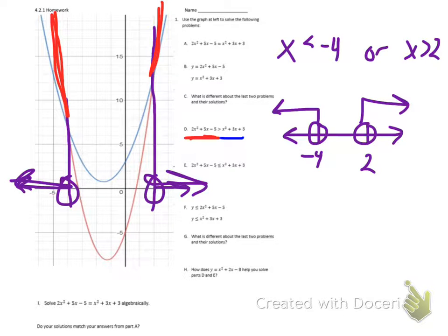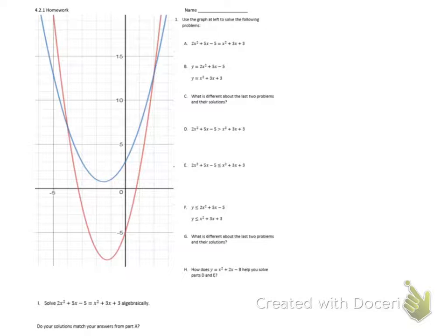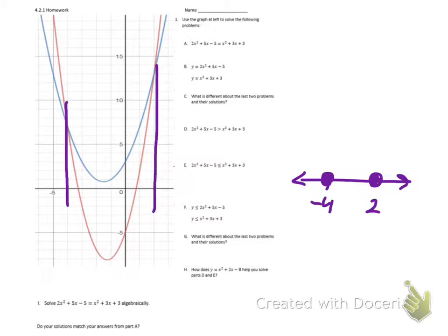Now with that same idea, if we take a look at problem E, again, I have my boundary points at -4 and 2. But now it's a closed circle because it's less than or equal to, and I want to actually include my boundary points in my answer. So now, when is this red graph less than or equal to the blue graph?